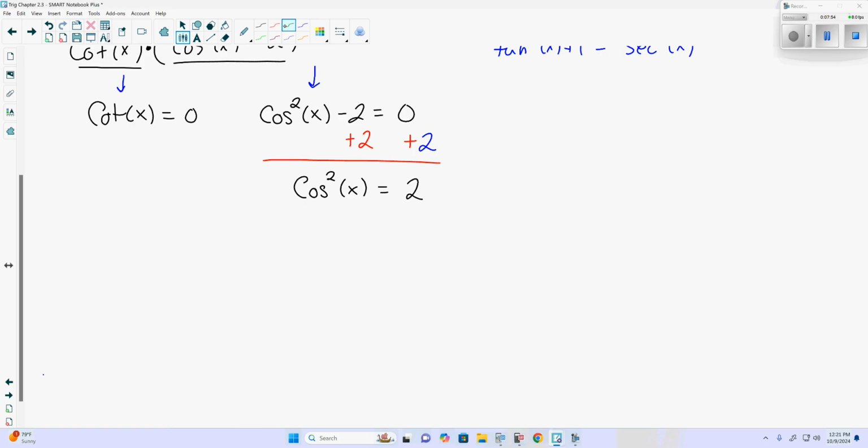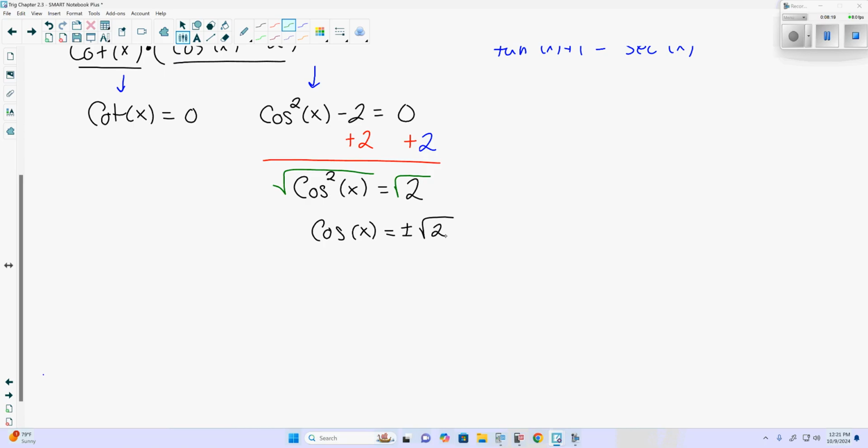We would square root both sides. Square root of cosine squared is cosine. Now the square root of 2 is really just square root of 2. So we have cosine of x is equal to positive, negative square root of 2.